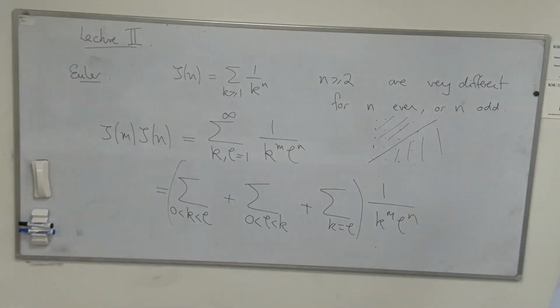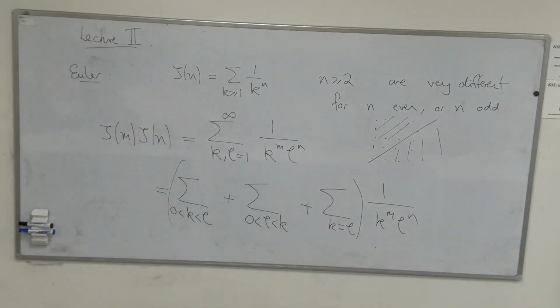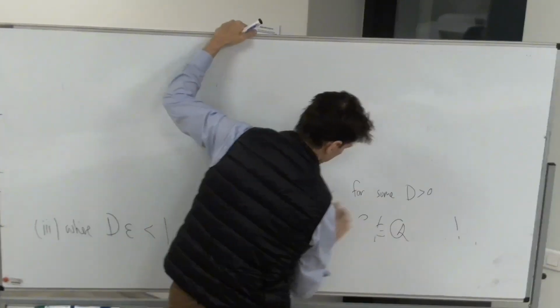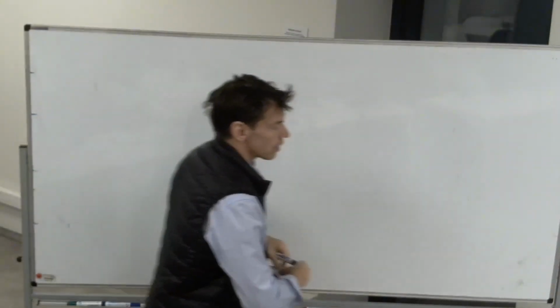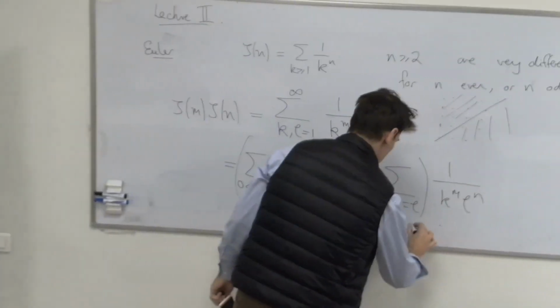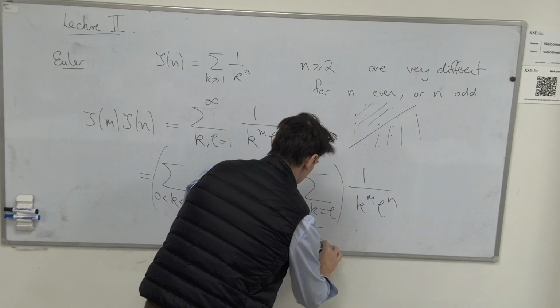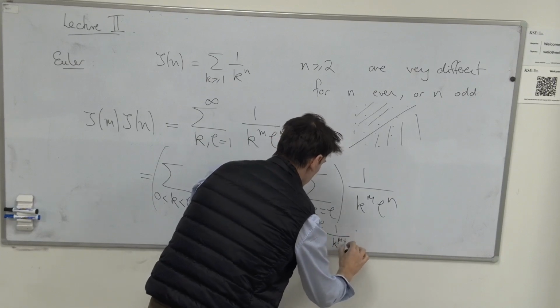So this last sum here is the same thing as the sum over k from 1 to infinity of 1 over k to the m plus n.